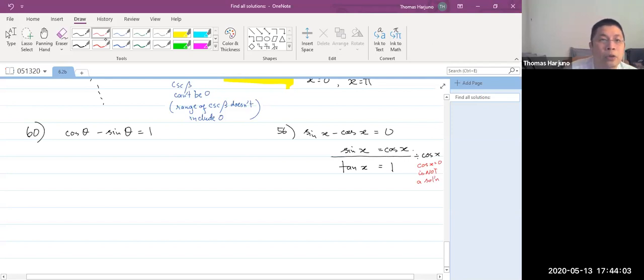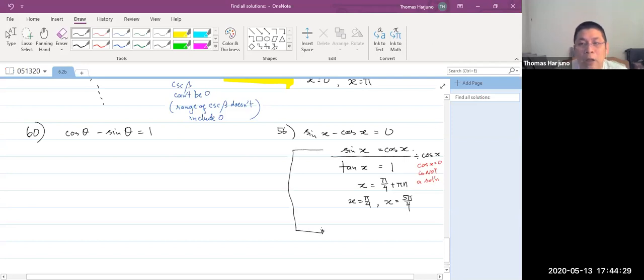So I go on from there, then x equals pi over 4 plus pi n. So x is pi over 4 when n equals 0, and x equals 5 pi over 4 when n equals 1.